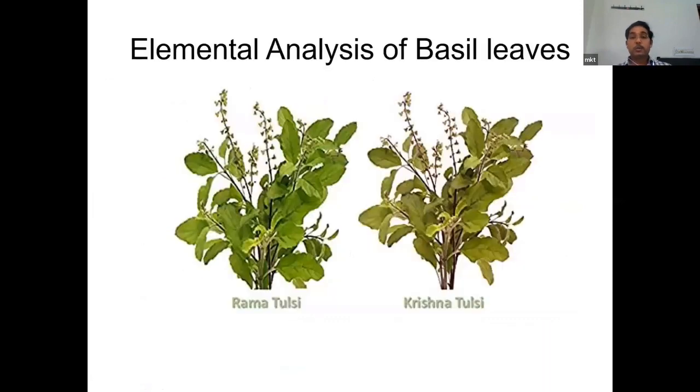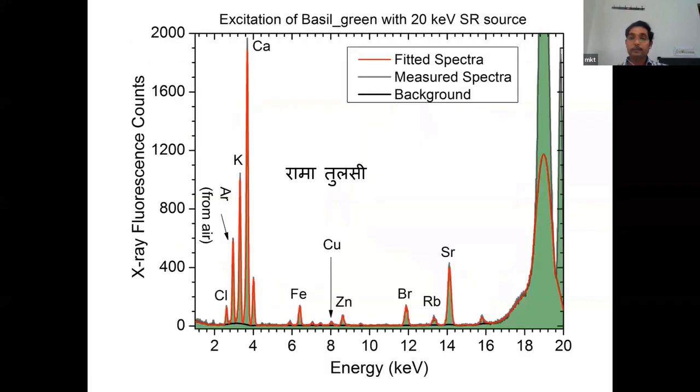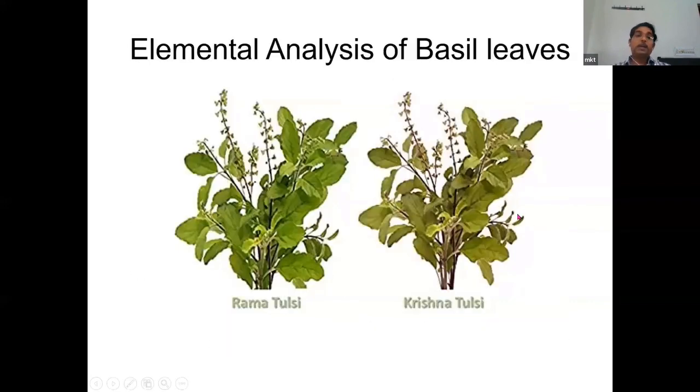Okay, so now with this, I'm coming to some environmental analysis. So yeah, in India we normally use basil leaf, which is very popular whenever we take tea.